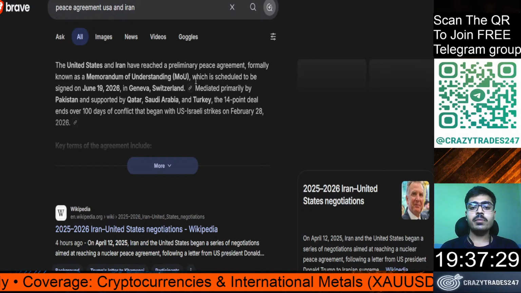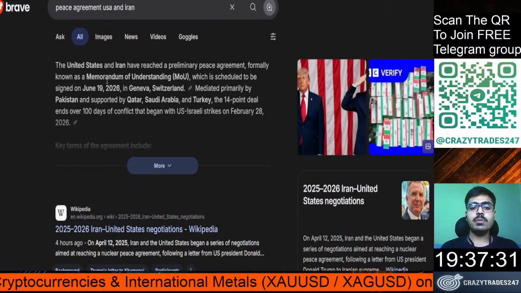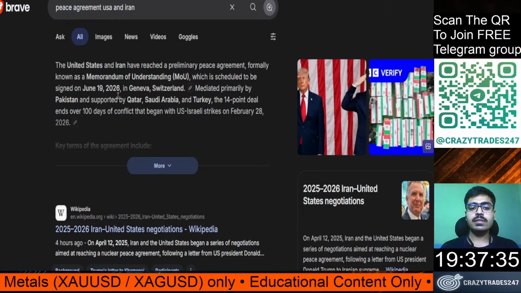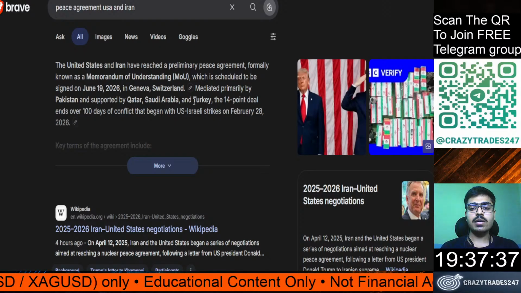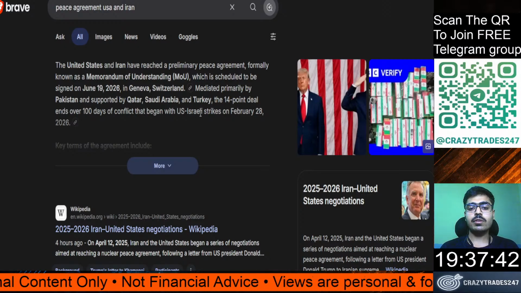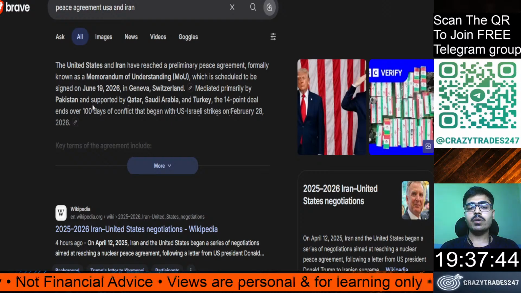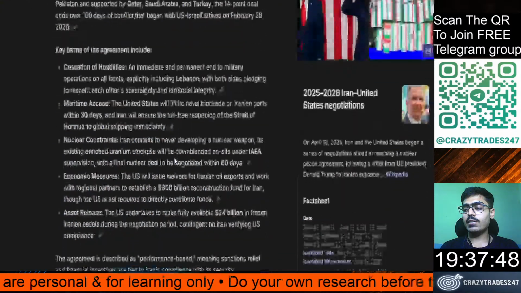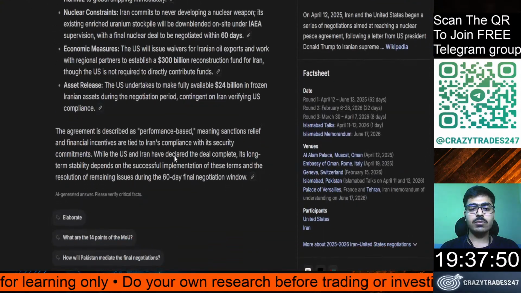They have reached a preliminary peace agreement formally known as a Memorandum of Understanding, which is scheduled to be signed on June 19, 2026 in Geneva, Switzerland, mediated primarily by Pakistan and supported by Qatar, Saudi Arabia, Turkey. The 14-point deal ends the over 100-day war. Whether it got signed or not, that is the question.